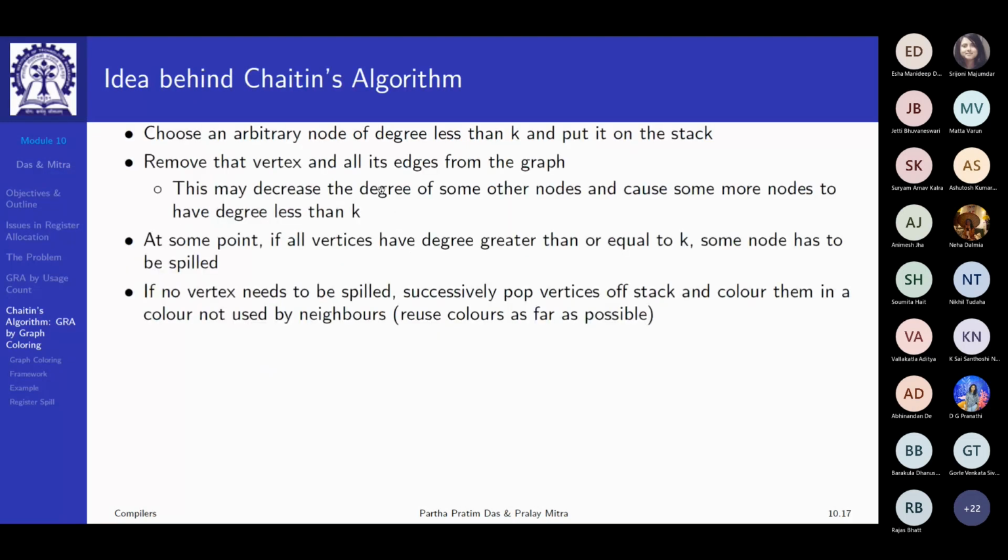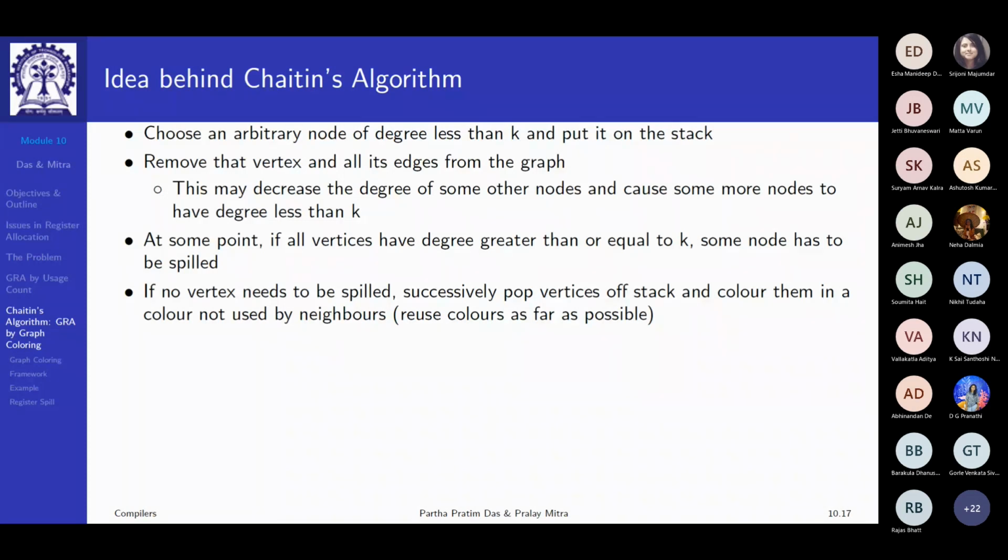Now, the basic idea behind Chaitin's algorithm for coloring, which is a heuristic one, because graph coloring, as you know, is an NP hard problem. So the heuristic goes in this way: we arbitrarily choose a node whose degree is less than K, and put that node in the stack and remove it from the graph.